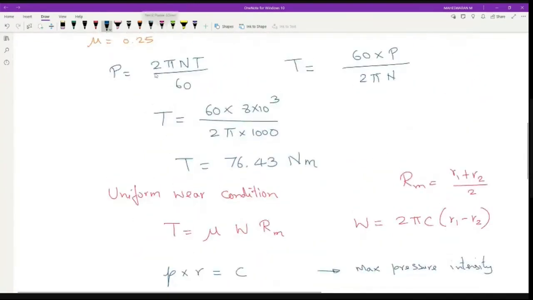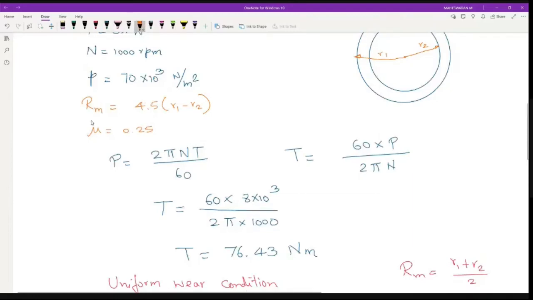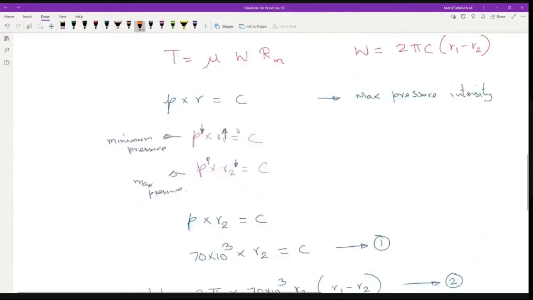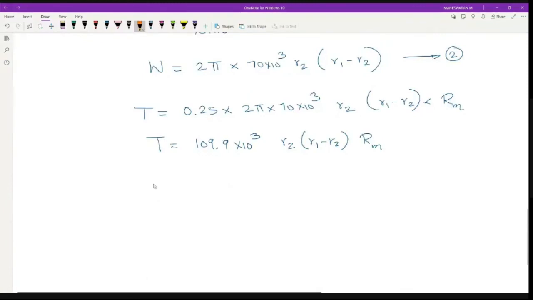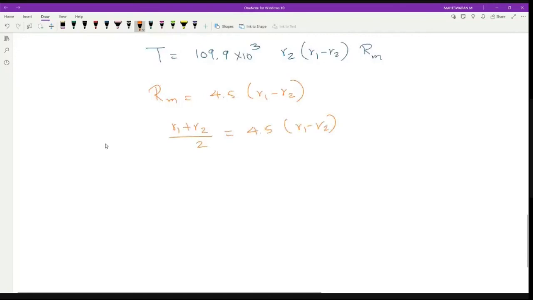I will take this one, Rm is equal to 4.5 of R1 minus R2. So I know that Rm is equal to 4.5 times R1 minus R2. So Rm I can write as R1 plus R2 divided by 2 is equal to 4.5 times R1 minus R2, right? So can we simplify this? R1 plus R2 is equal to 9 R1 minus R2.